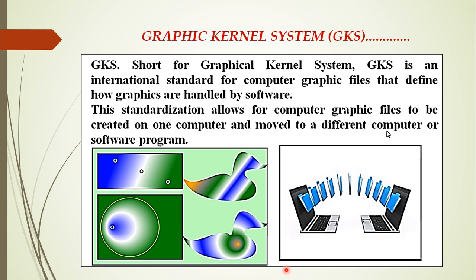So when you draw a line, this line will be referred to as some codes within your computer. When you mark just a point here, this particular point will be given to your computer in the form of a particular code. That code may be any number, let that be 1, 2, 3, likewise.